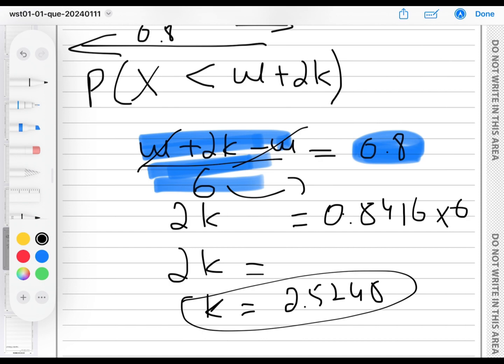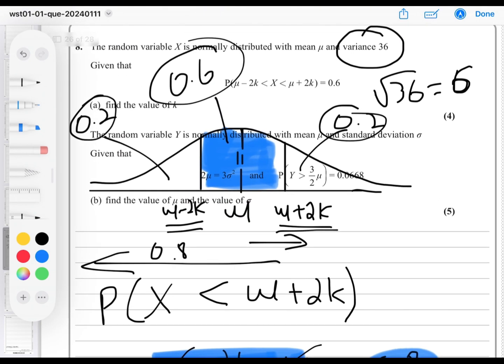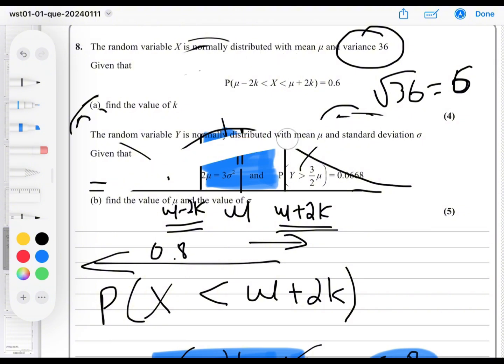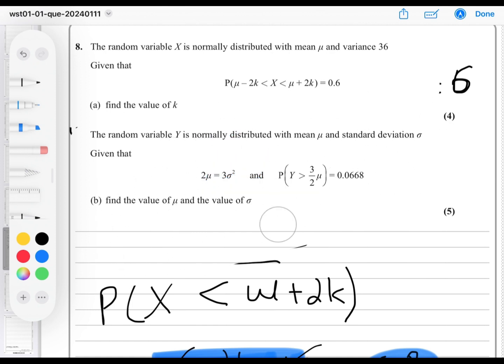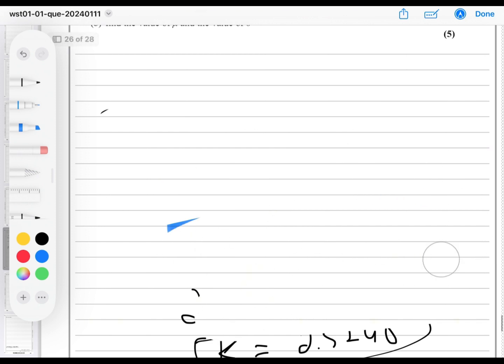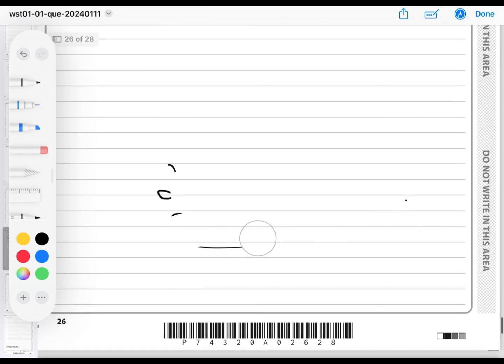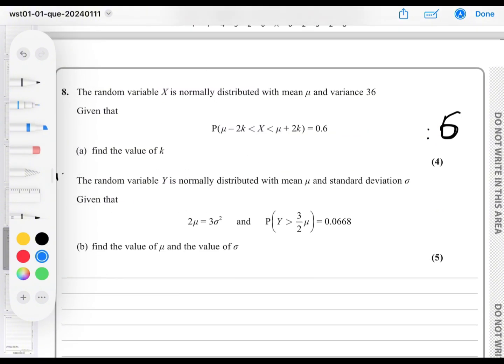Okay, so now moving towards the next part. I already have the value for this. Let me clear this. Probability is given here.